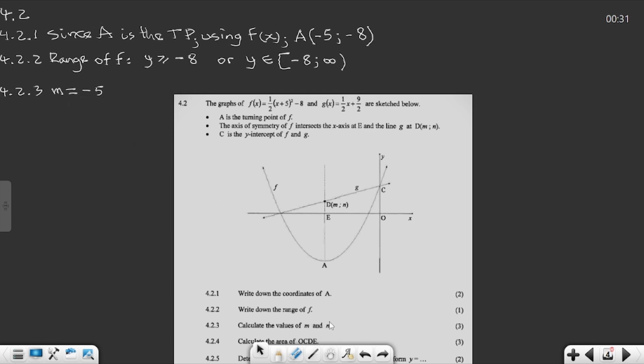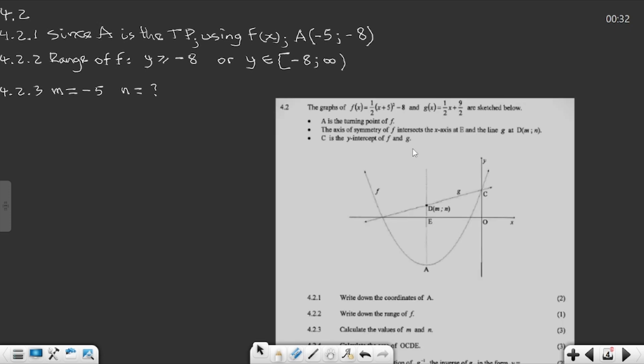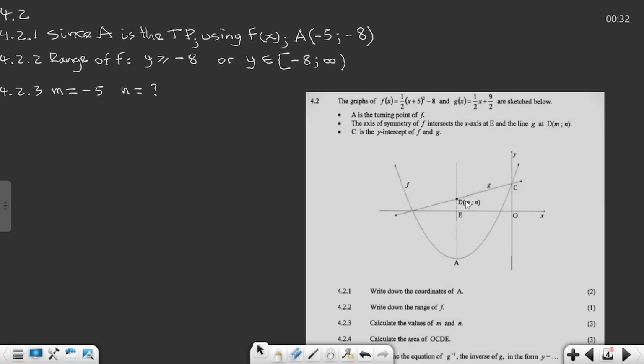Now you need to find n. What is n equal to? Okay. Let me do this. You can see the point D is on the line g. Can you see? So since the point D is on g, do you agree with me that you can use g of x to find n? Because D is on the line g and this is the equation of g.